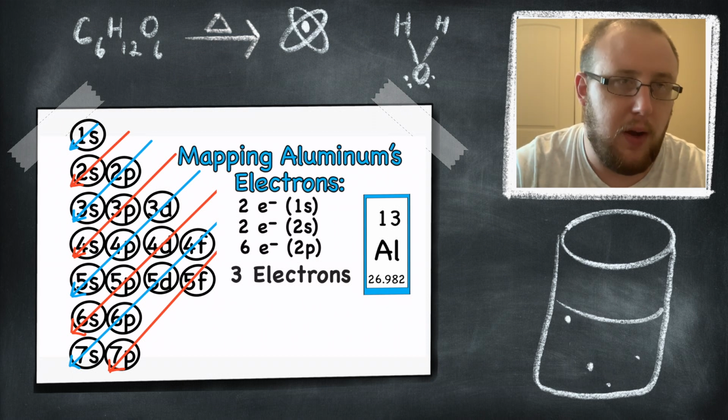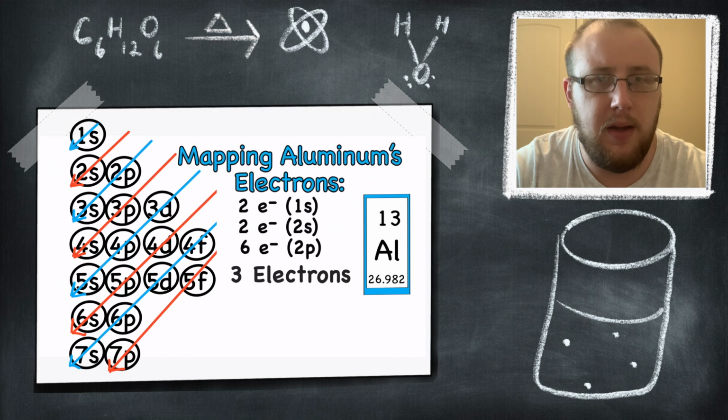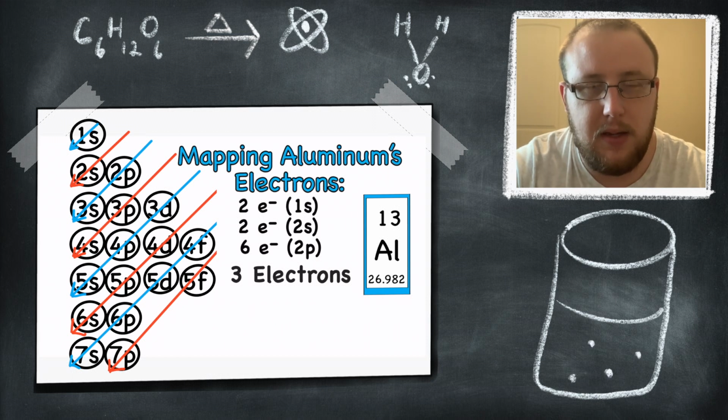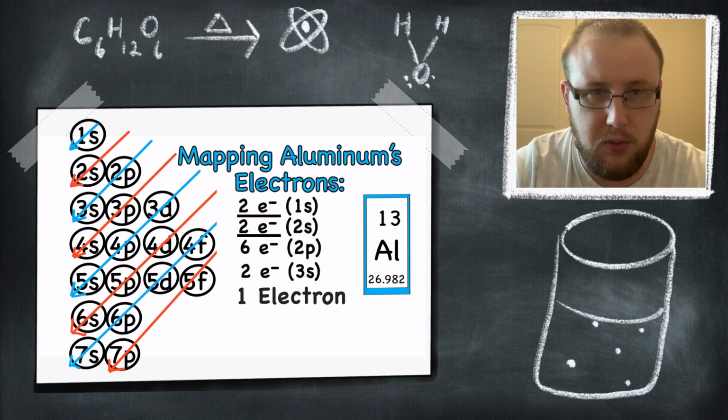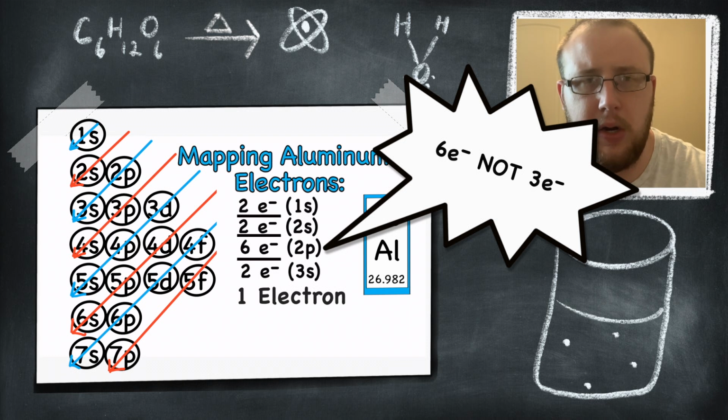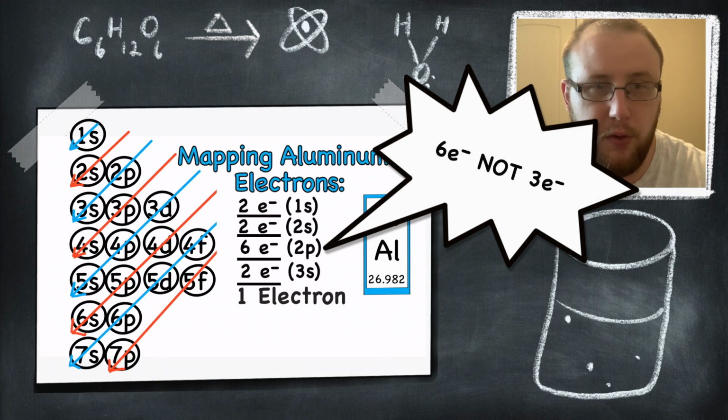Our next thing, if we follow the arrow down, we're going to have 3s. Okay, s can have 2. So we do that. Now we have a total of 1 electron left, because we had 13 and we minus 2 from the first s, we minus 2 from the second s, then we minus 6 from our 2p, and then now we minus 2 from our 3s, giving us a total of 1 electron left.